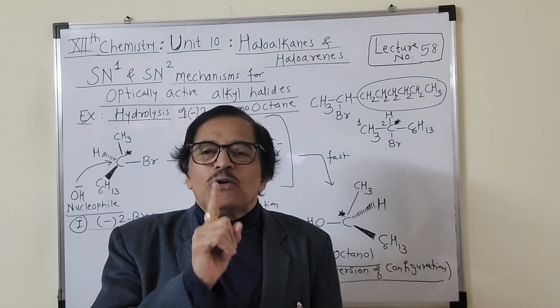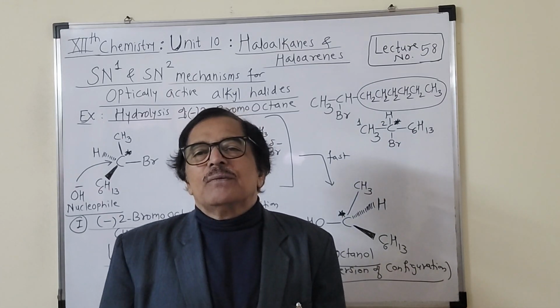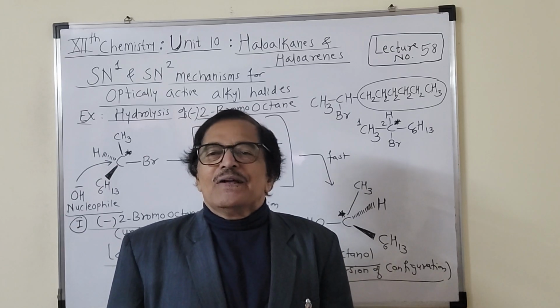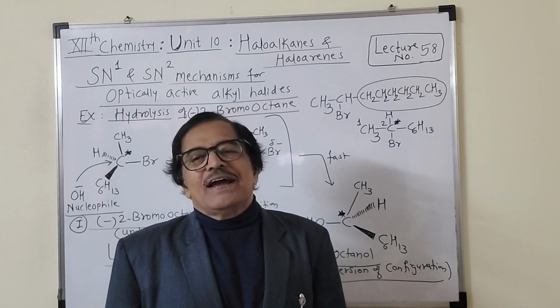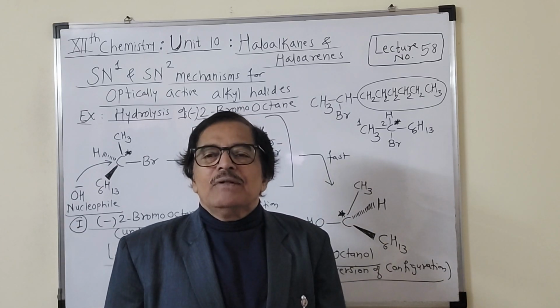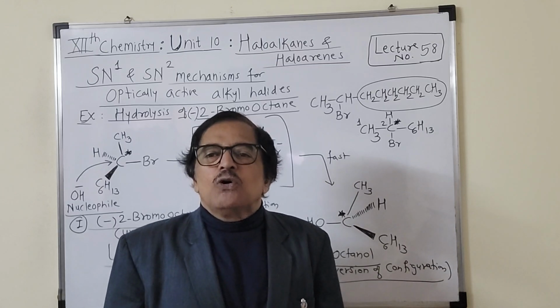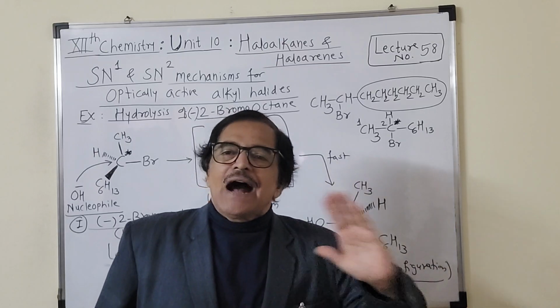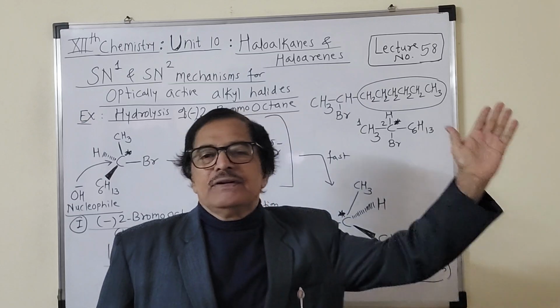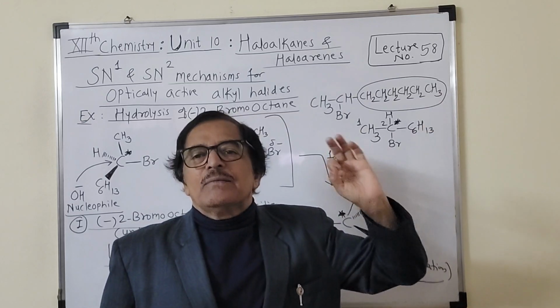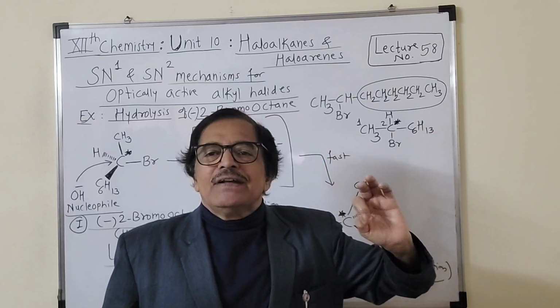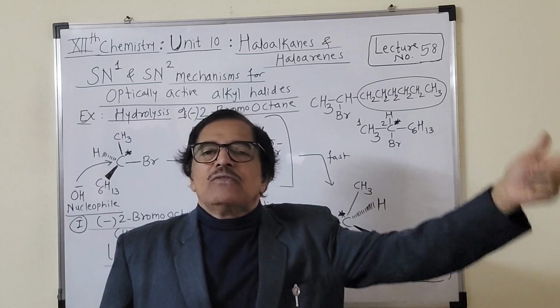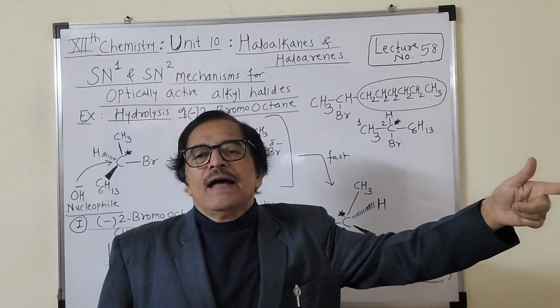So in the SN2 mechanism, what is the brief summary here? Whenever an optically active alkyl halide undergoes the SN2 mechanism, the product will show exactly opposite optical activity. Keep this in mind. If the reactant is levorotatory, the product will be dextrorotatory, and vice versa.